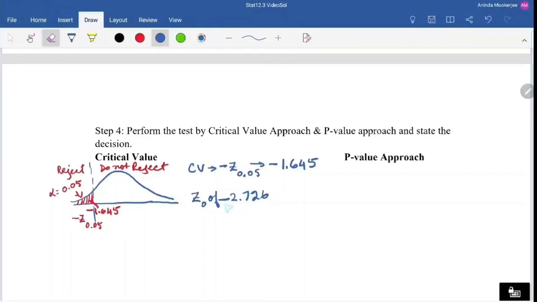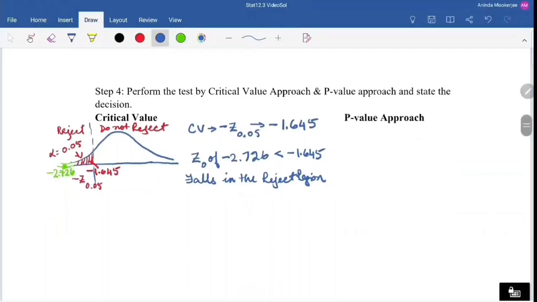So negative 2.726 is less than negative 1.645. It falls way, way to the left, which is the reject region. All right, show that value on the diagram as well, where the z test statistic falls. And right here, it falls in the reject region.